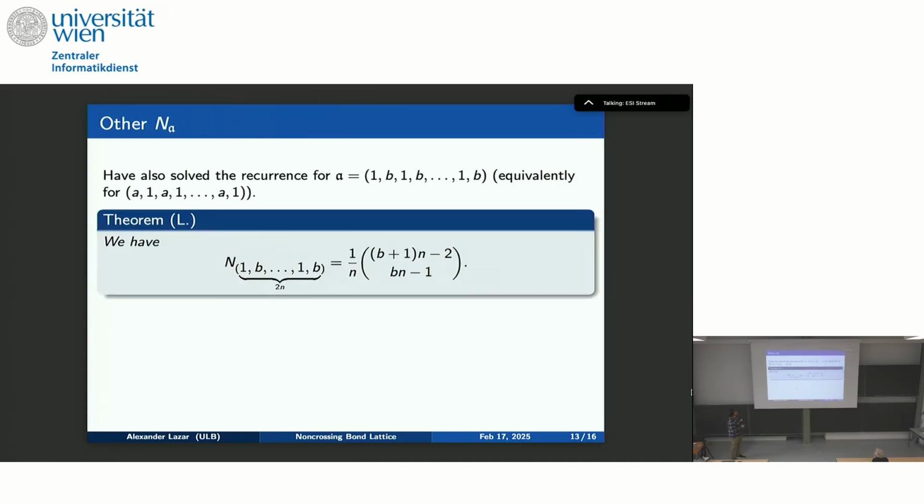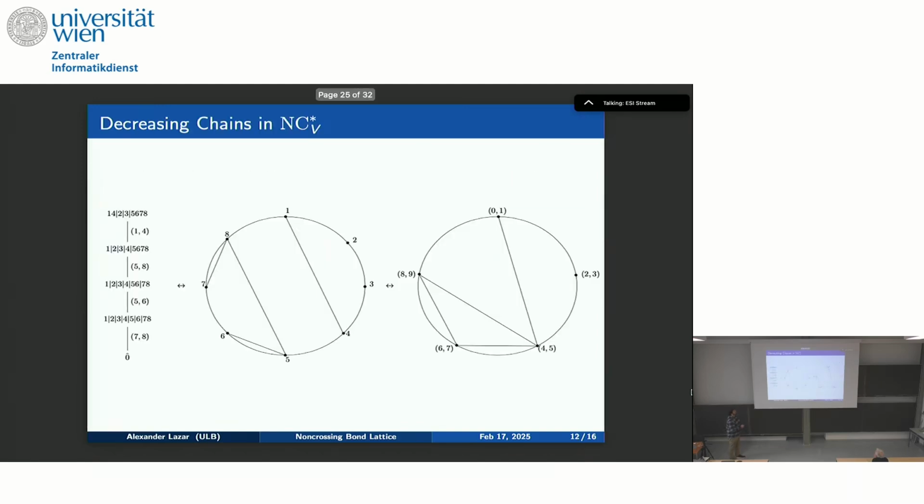And so there's a couple of other special cases to consider. Yeah, so this is just like all the numbers 1 through 2n for some n.